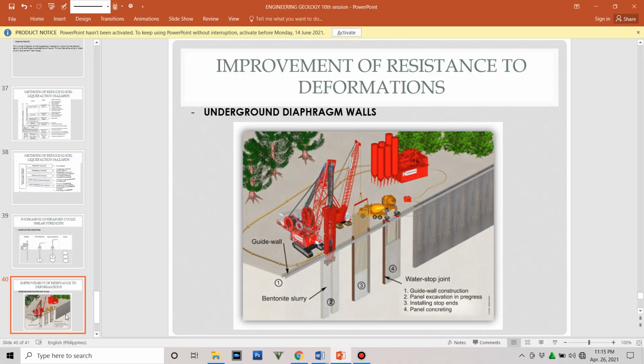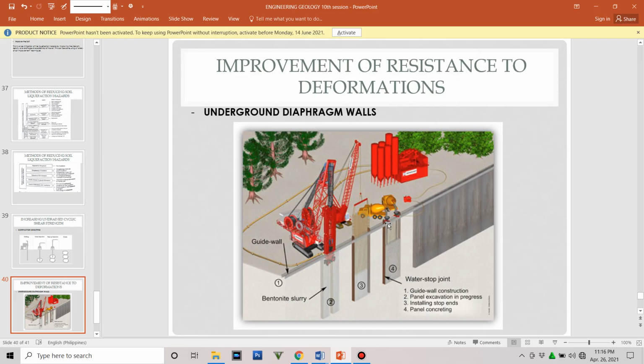Okay. This method can be used for the soil at the bottom of existing structures where liquefaction remediation is difficult using other methods. So in the diagram, you can see the method.